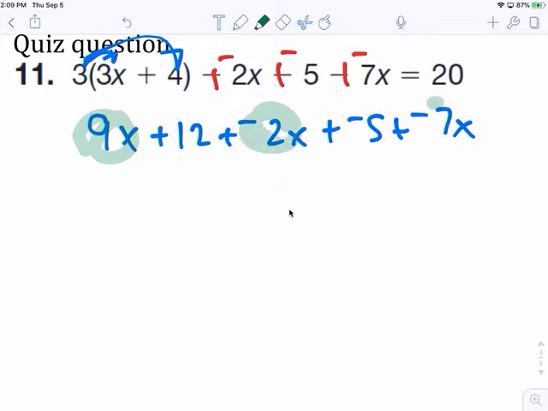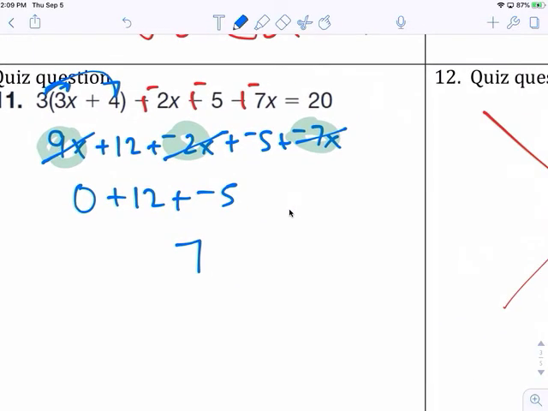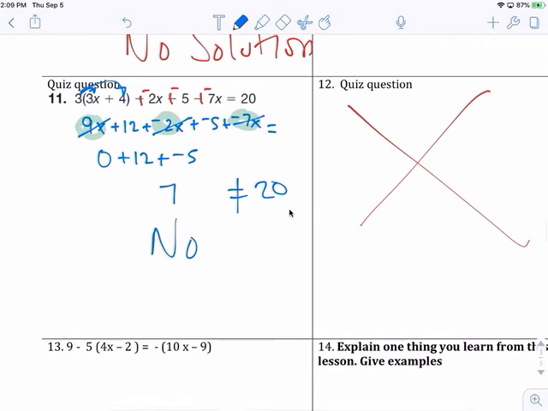This and that gets you 0. 0 plus 12 plus negative 5, you get 7 equals this 20. No solution. That's easy.